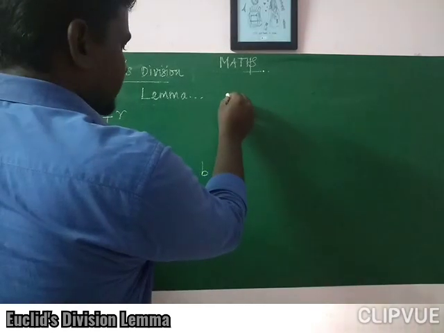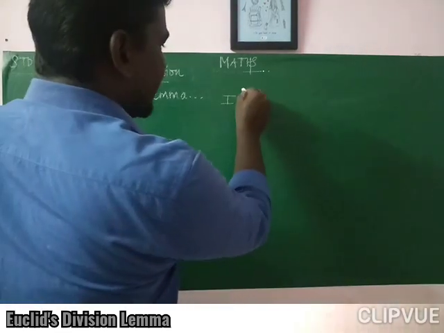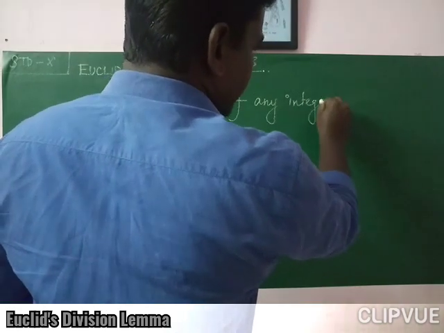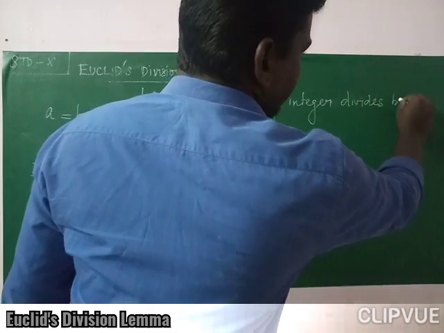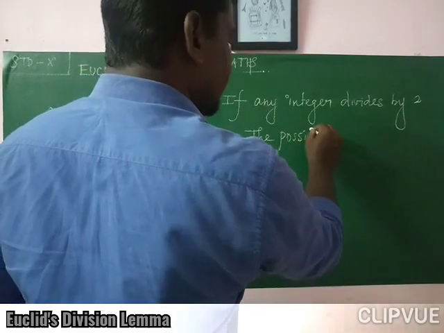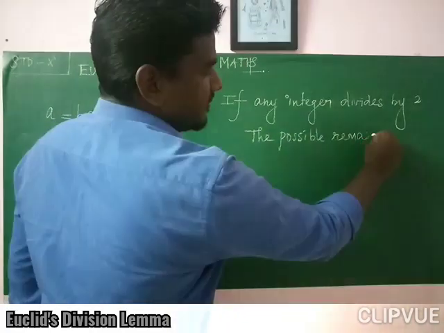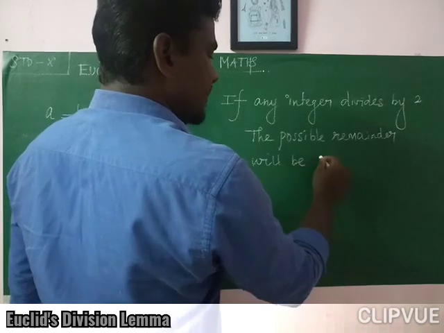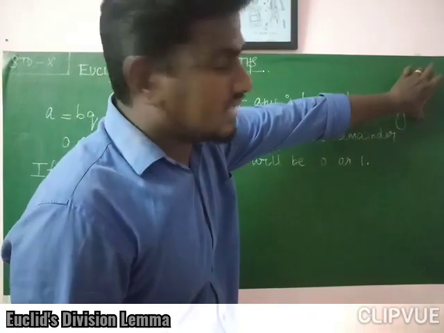If any integer is divided by 2, the possible remainder will be either 0 or 1, because this is the divisor.